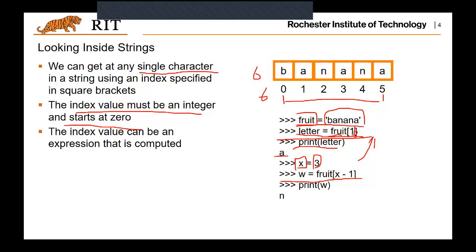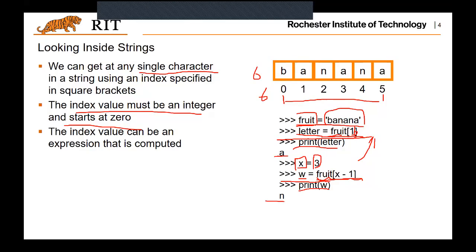In that sense, you just use x minus 1 to retrieve the character of this string, assign the value to w, and then print w out. In this case it's n.